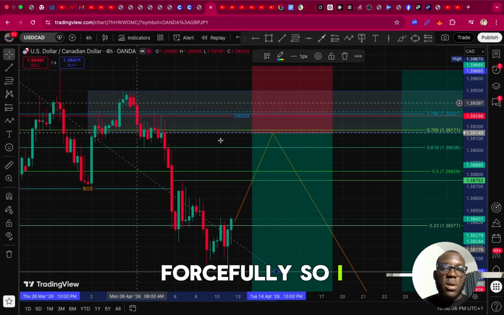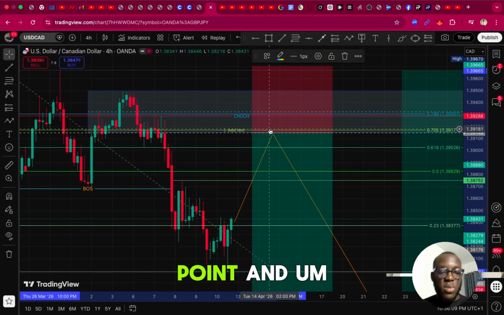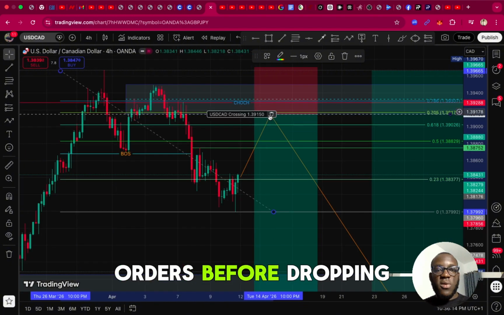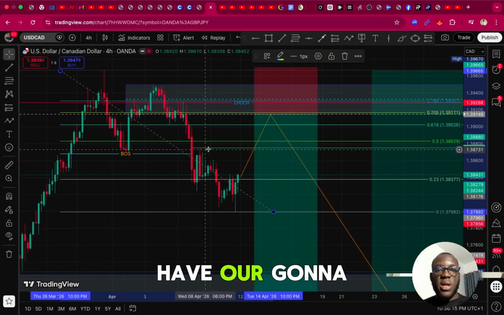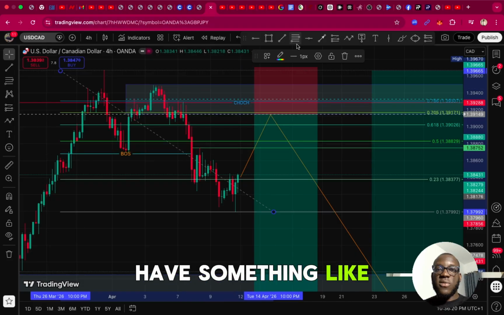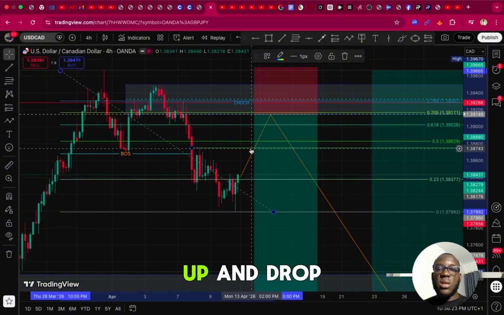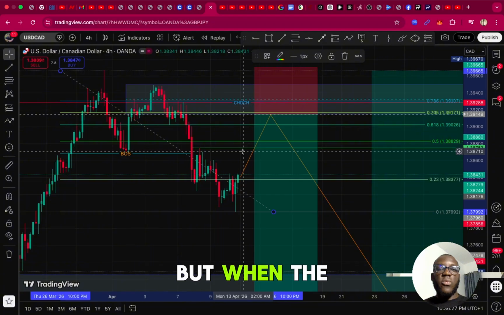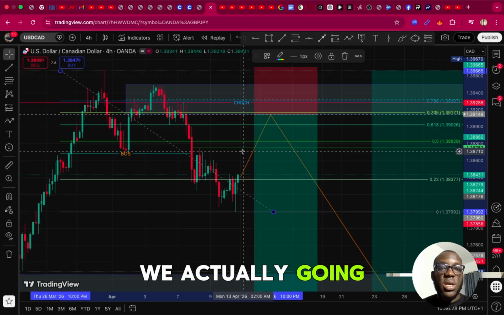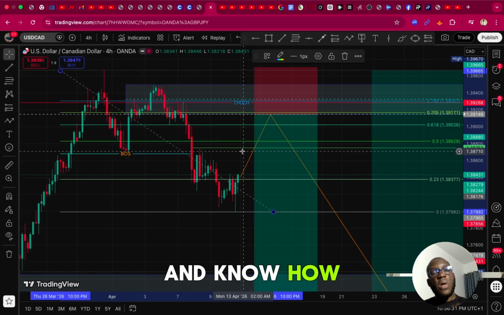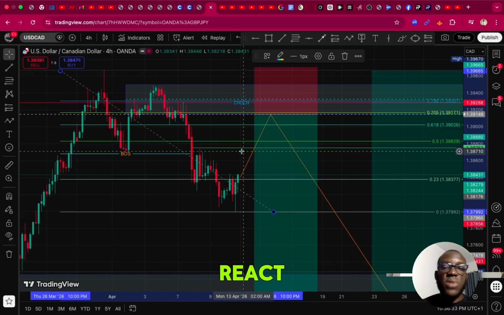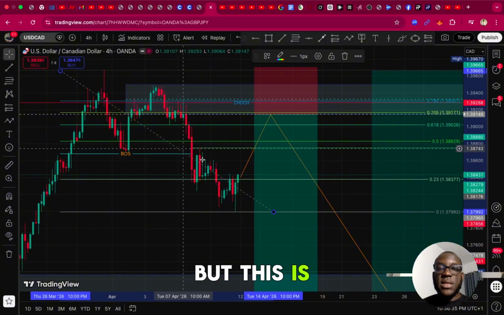So I expect the market to come up to this point, pick orders before dropping. We might have something like it building liquidity here, drop, then push up and drop. But when the market opens, we are going to follow up and know how the market is going to react. But this is it for now.